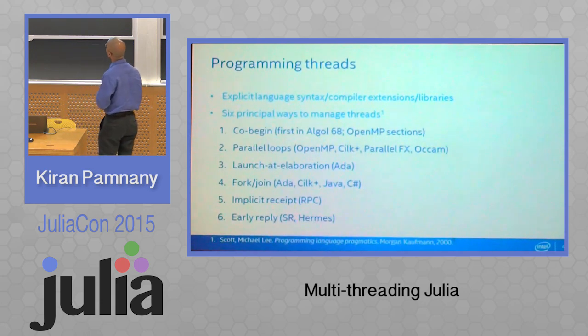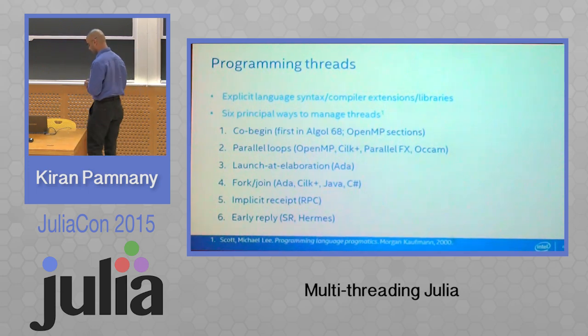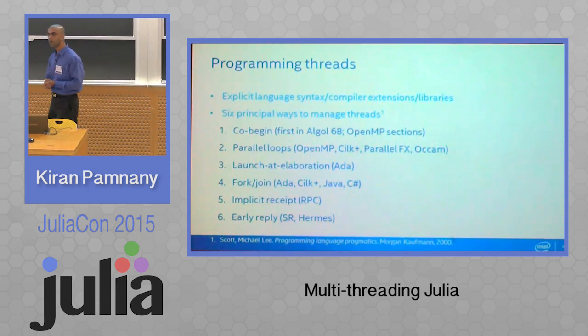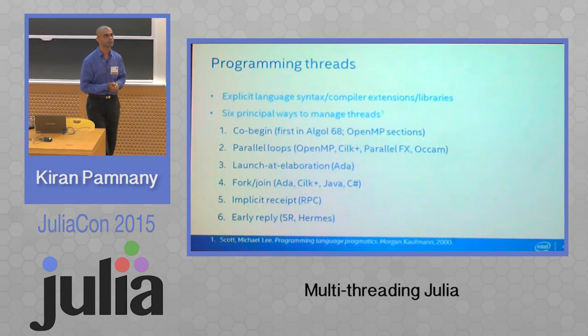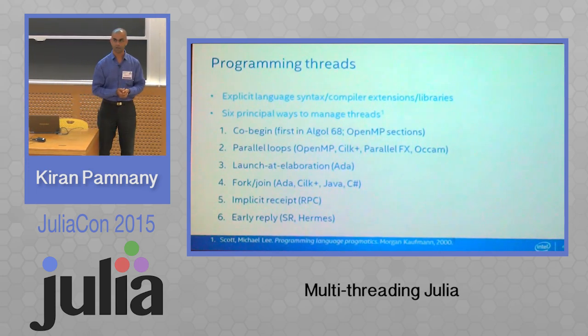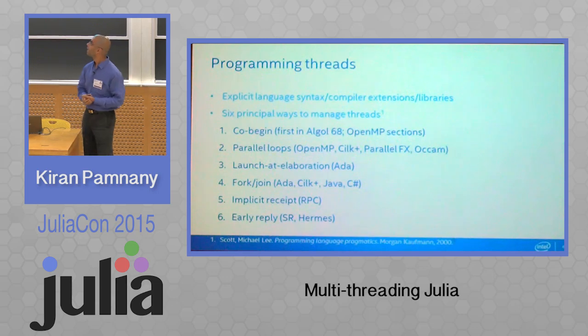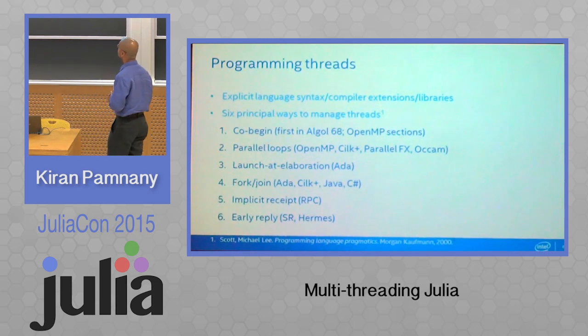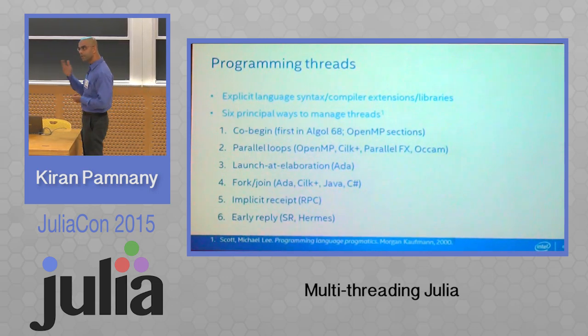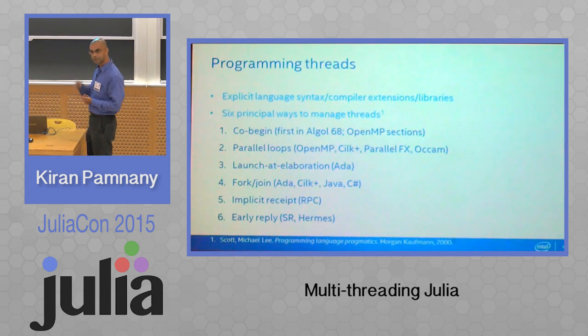Michael Scott over at Rochester has written a book and has done a little survey on how different programming languages have exposed threads to people. And these are the six principal ways. Now, there are, again, many perspectives on this, but this is historical.